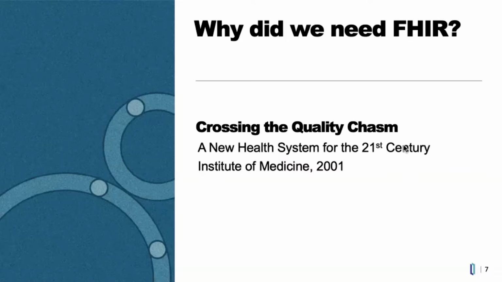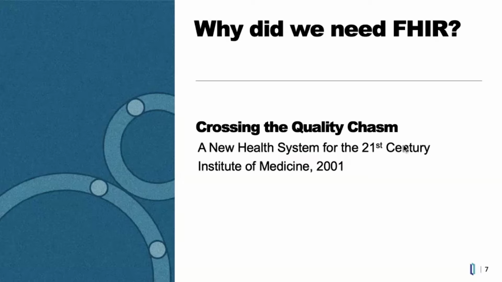So why did we need FHIR? Well, I'm going to sum it up with a few short things, and then Laura's going to go a little deeper into this later. In 2001, the Institute of Medicine, which is now called the National Academy of Medicine, published a book called Crossing the Quality Chasm.